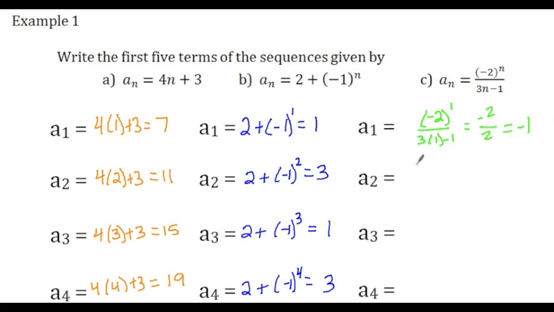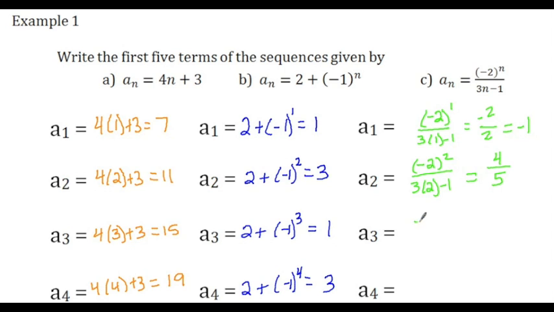Plug in 2, that would be a negative 2 squared over 3 times 2 minus 1, and negative 2 squared is 4. 6 minus 1 is 5. And of course we can't reduce that any further.